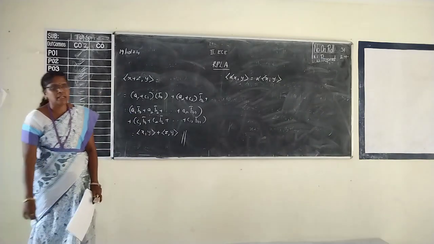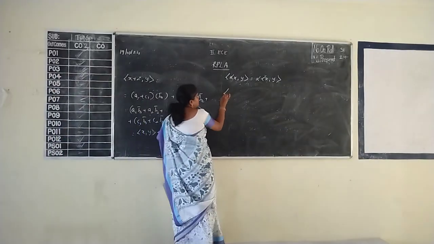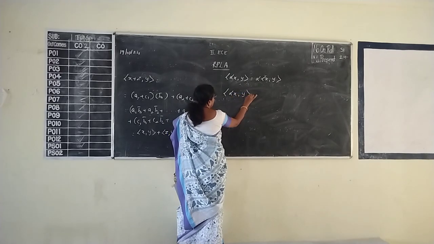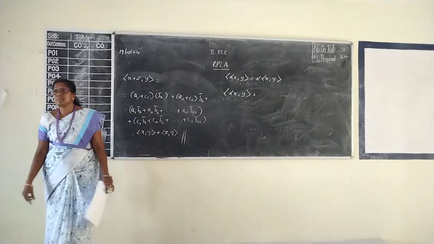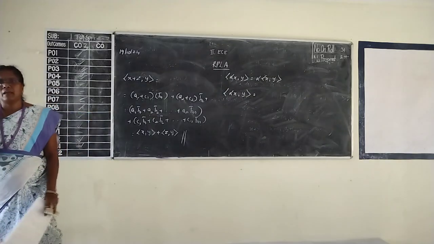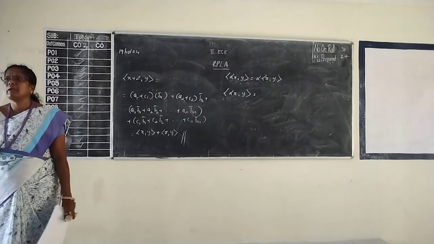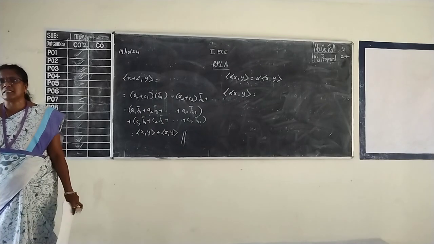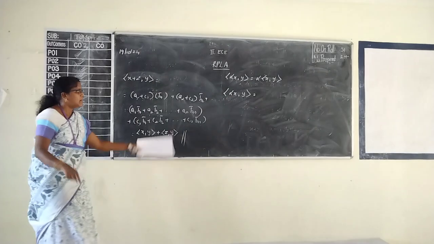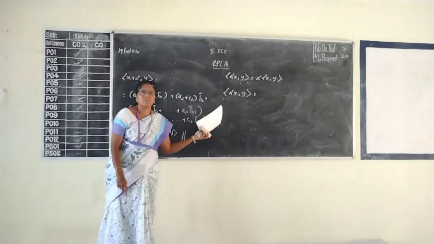So I will start with the LHS. Inner product of alpha x comma y is equal to, what is x now? A1, etc. So what will be alpha x? Alpha A1, alpha A2, etc., alpha An. Applying the definition. What is the definition?